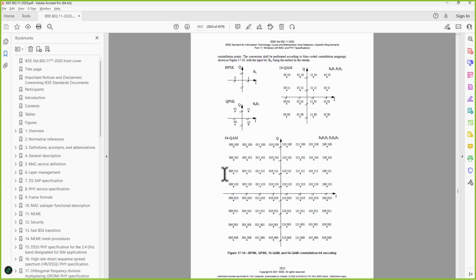Now, the way I'd like you to conceptualize this is to think about it as we have a finite real space, and in that finite real space, we're positioning a certain number of targets. When we have a few targets in that finite real space, it's easier to figure out which target we're trying to hit.